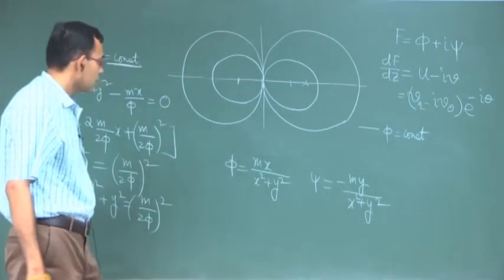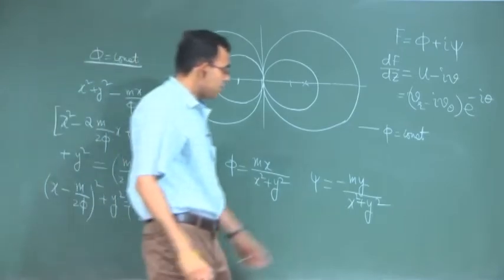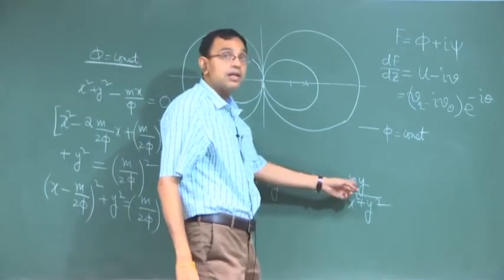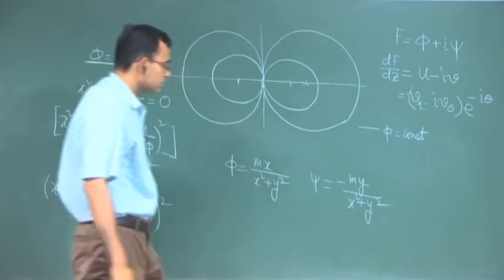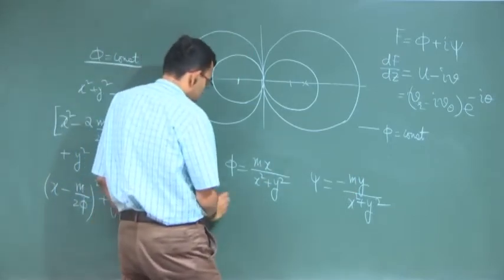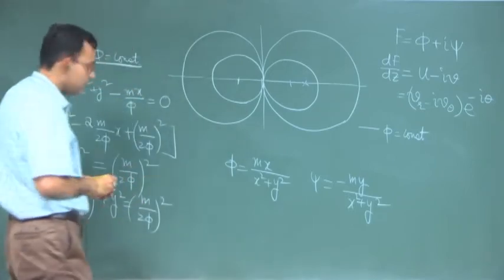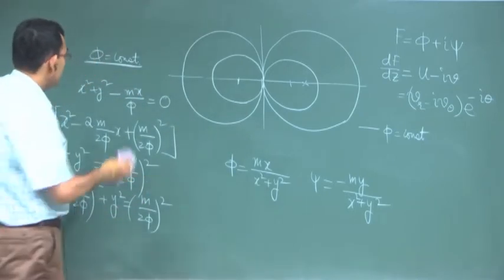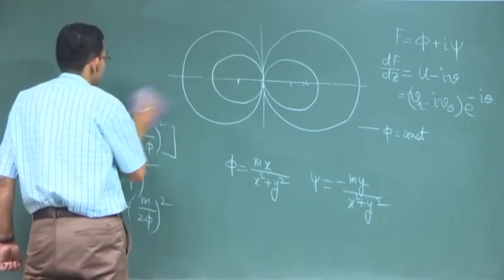Now, let us try to draw the psi equal to constant lines. So, psi equal to constant, so let me write somewhere here, maybe I will utilize this same space.